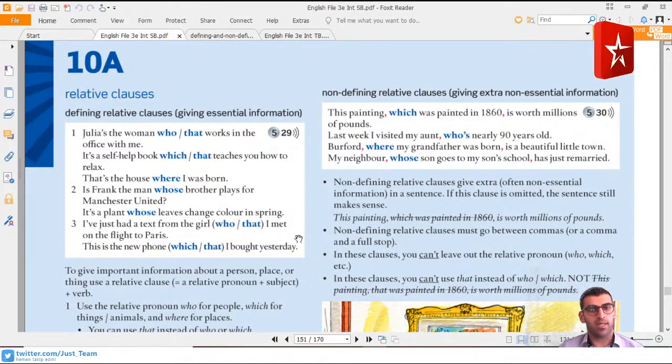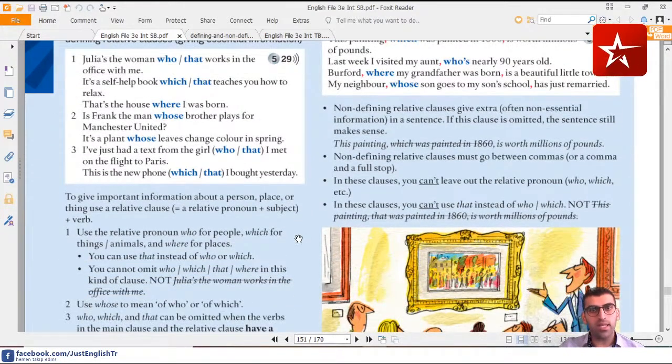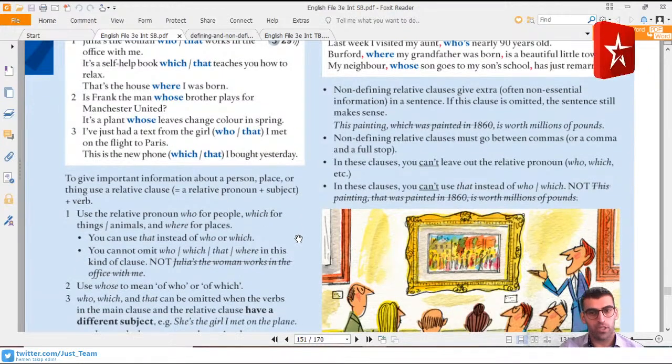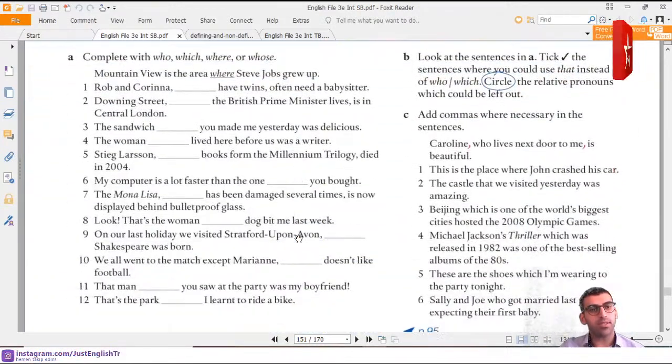So in these clauses, guys, we can't leave out the relative pronouns who, which, etc. We can't do that. And in these clauses, you can't use that instead of who or which. Yes. Okay, let's do exercise A, complete with who, which, where, and whose.